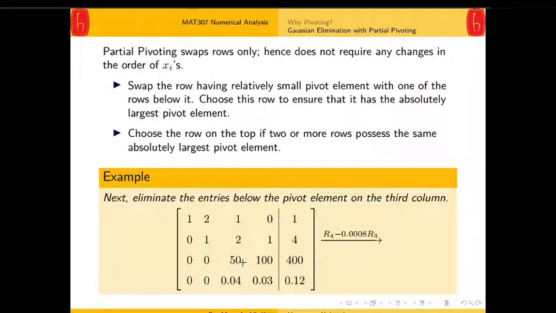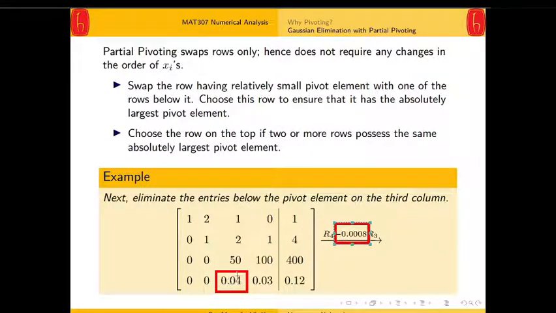And then we can use this row to eliminate the number from here, so this entry becomes 0. To that end, we can multiply row 3 by this number, 0.0008, and then subtract the resulting row from the fourth row.